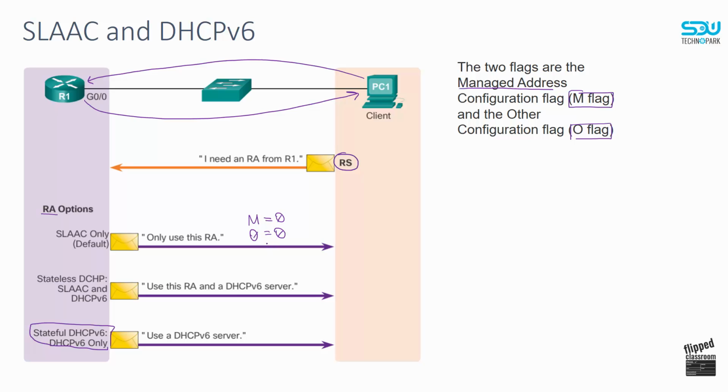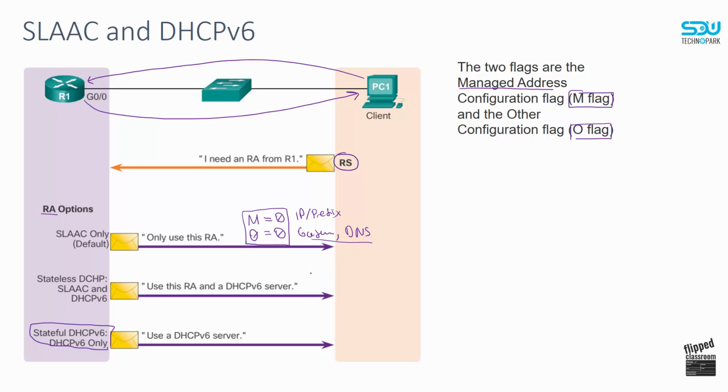So it means that our router will say, this information I will give by myself. I will give you the IP address and prefix, and I will also give you additional information, like information about the gateway and about the DNS server too, all from me.